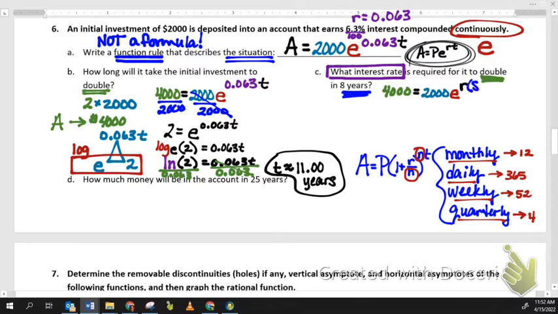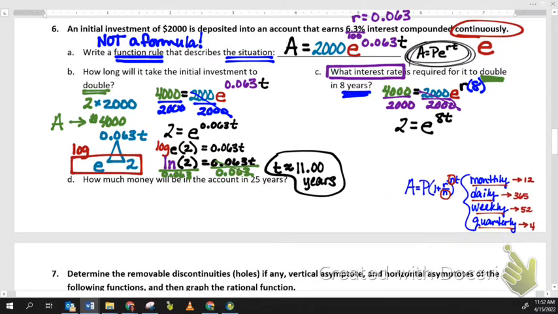But I do know that time is 8. I would solve this problem pretty much the same way that I did the other one. I would get 2 equals e to the 8 times t, and then I would use my triangle to be able to rewrite this.